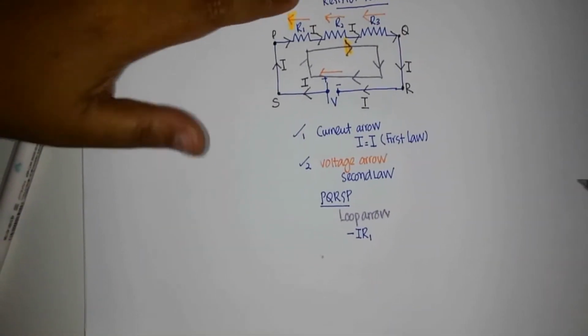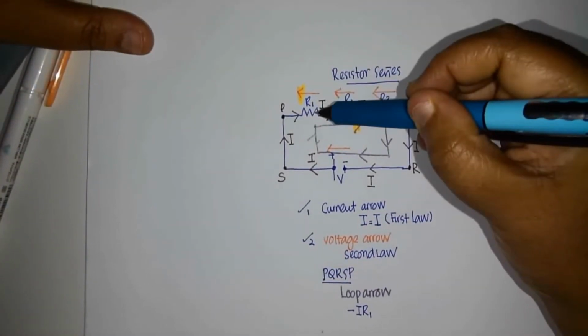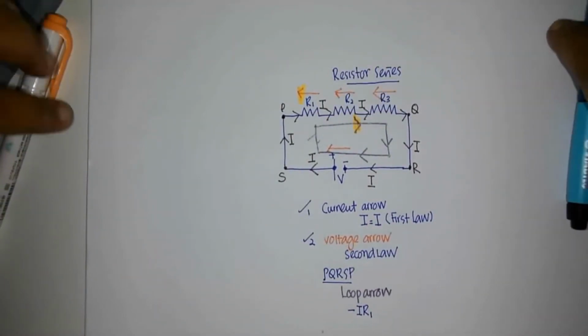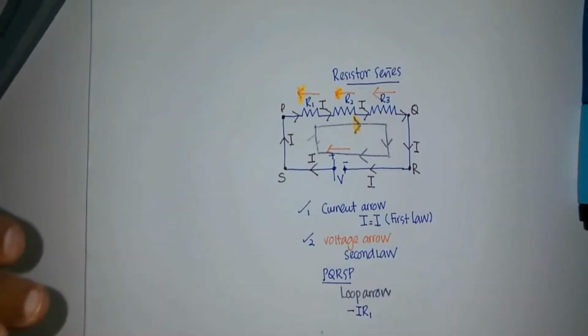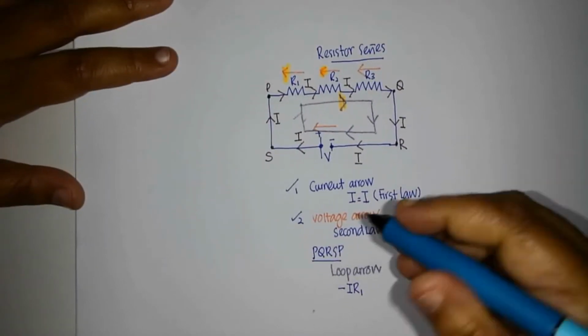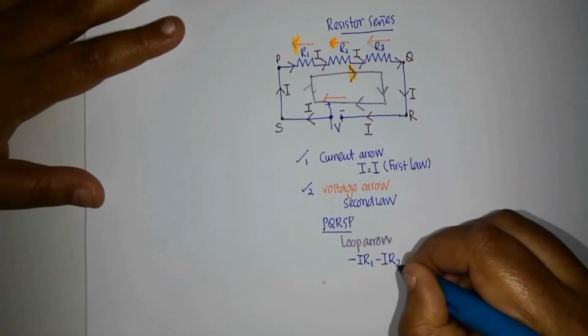The voltage here will be negative I R1. Then I go forward, and I notice that the loop arrow and the voltage arrow are in opposite directions, so it will be negative I R2.